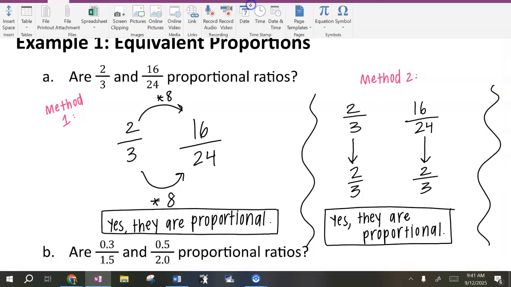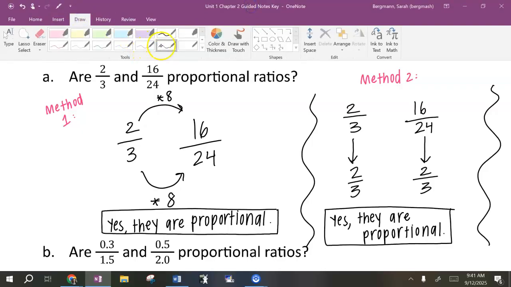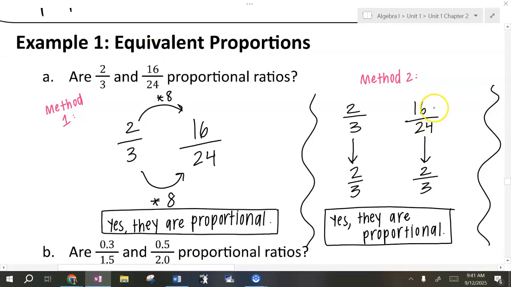If you're dividing both of those numbers by 8, 16 divided by 8, we know that 16 is 8 times 2, whereas on the denominator, 24 has to be 8 times 3. So if I cancel out my common factor of 8 on the top and the bottom, that leaves me with 2/3. Since both of these fractions reduce to the same fraction, 2/3, it means that they are proportional ratios.